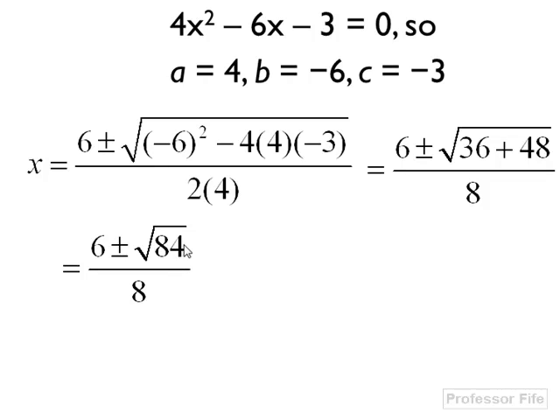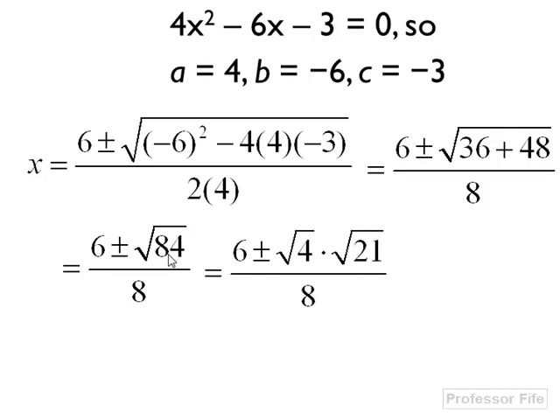And then look at the square root to see if you can simplify it. Now, 84 isn't a perfect square, but 84 does have a factor that's a perfect square. 84 is divisible by 4, and so you can write the square root of 84 as the square root of 4 times the square root of 21. 4 times 21 is 84.